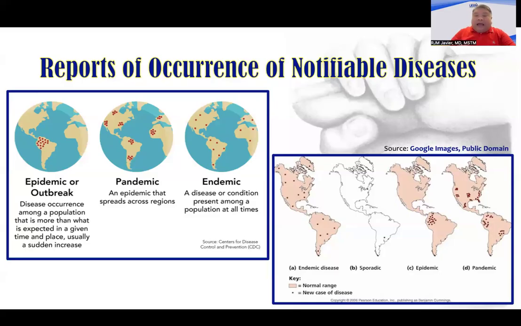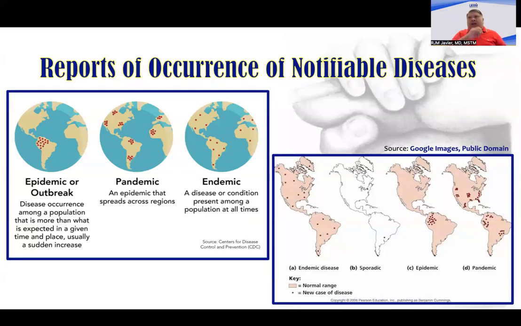So when I say endemic, I am referring to a medical condition present among the population at any single point in time, although in other regions it may not necessarily hold true. So these are three terminologies that you need to know. I will add the word sporadic.